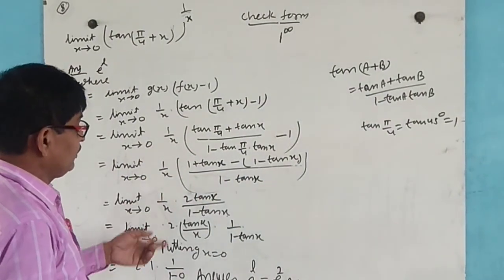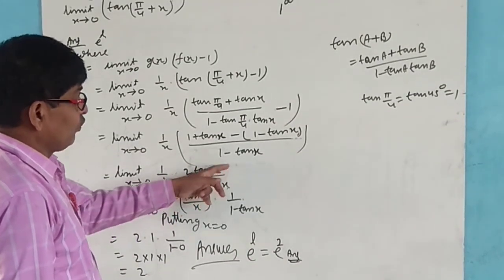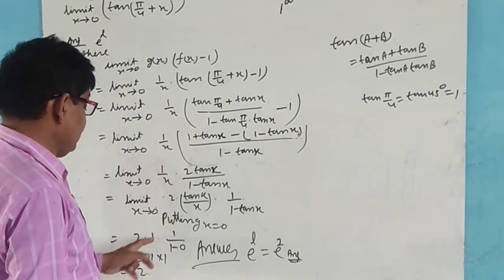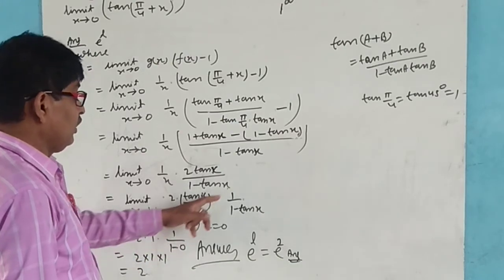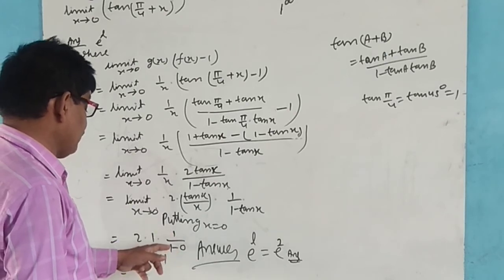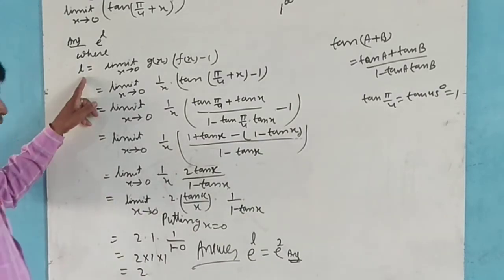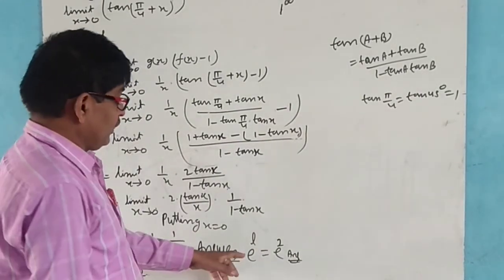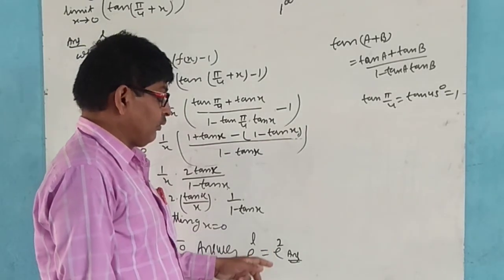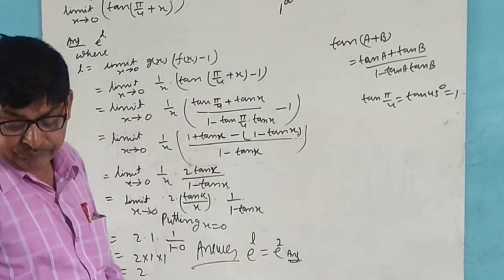Here with 1 by x, we take tan x by x, which is equal to 1, so 2, and 1 by 1 minus tan 0, which is 1 by 1 equal to 1. So L is equal to 2, and the answer is e to the power L, putting the value of L, e to the power 2. This is the limiting value of our problem.